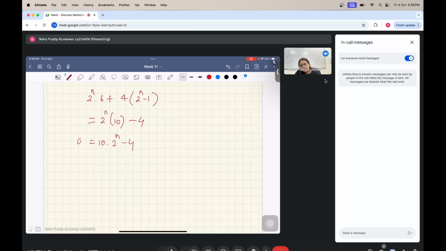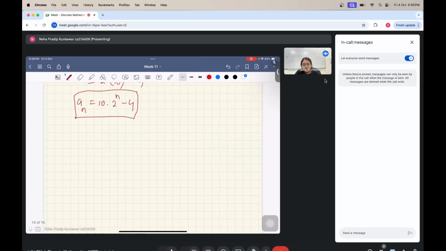Now you know a closed form expression like this. If I ask you, for example, what is the value of the 4200th term, a_4200, all you have to do is substitute it here and find your answer in one step. It's just a matter of computing a power of 2, rather than having to first find a_1, then a_2, use it to find a_3, and all the way up to a_4200.